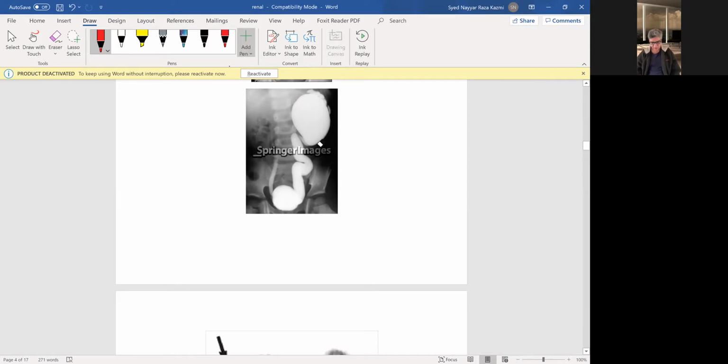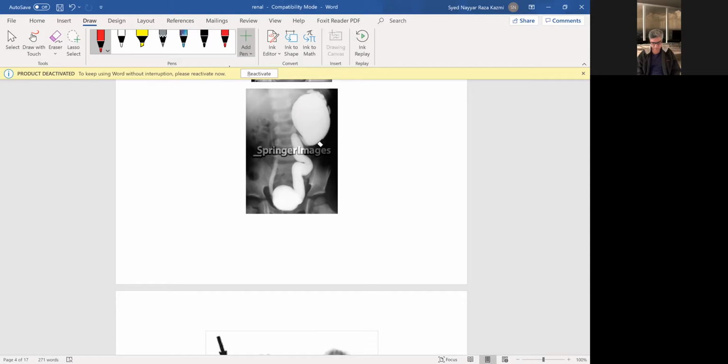And again, here you can see a very dilated and tortuous left ureter and a dilated left pelvic calyceal system, okay? And again, this is caused by severe vesico-ureteric reflux, okay?